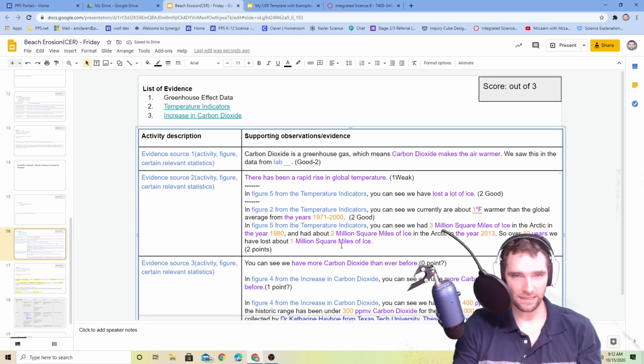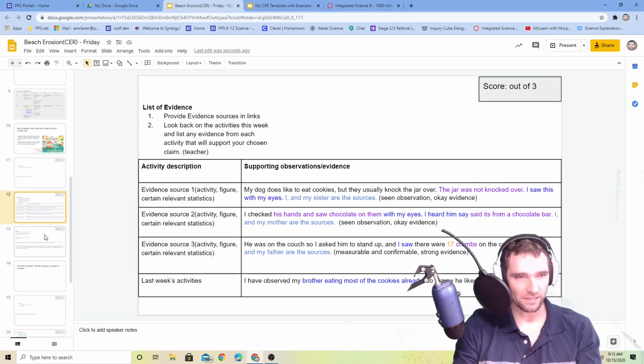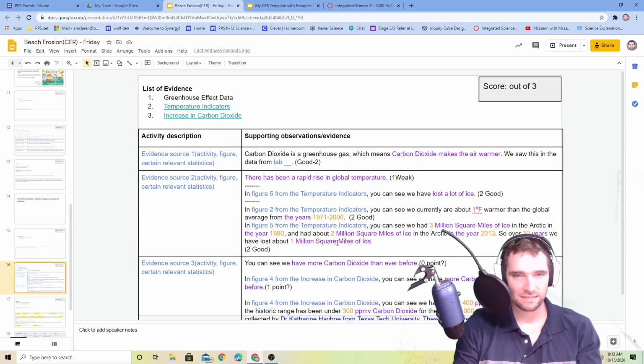This one doesn't even tell you where it came from. So this is also a 2, good, because I did not include the dark blue in this. The dark blue would be how the data was collected. I did not explain how the data was collected there, which I would probably want. So this is still just a 2, good. It's not a 3, which is strong.